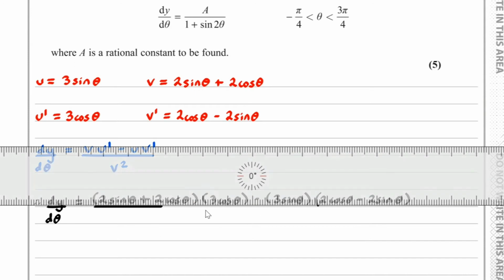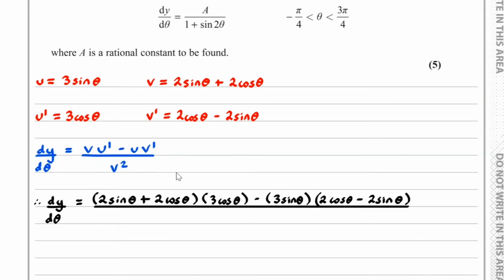And then we divide this by v squared, so we divide this by 2 sine theta plus 2 cos theta all squared.